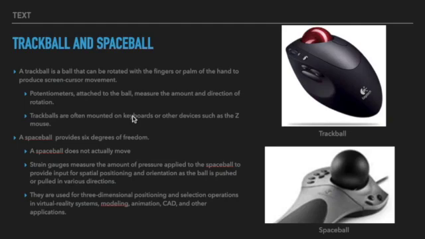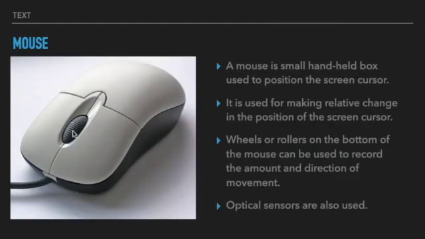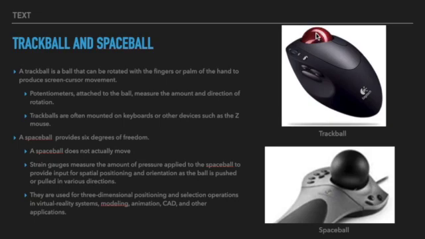Then trackball and spaceball. A trackball is a ball that can be rotated with fingers or the palm of the hand to produce screen cursor movements. You must have seen it, even on a mouse. Here you have a trackball, so this ball can be rolled. There is another image of a trackball.